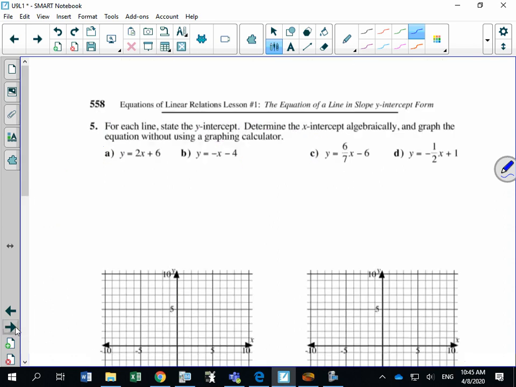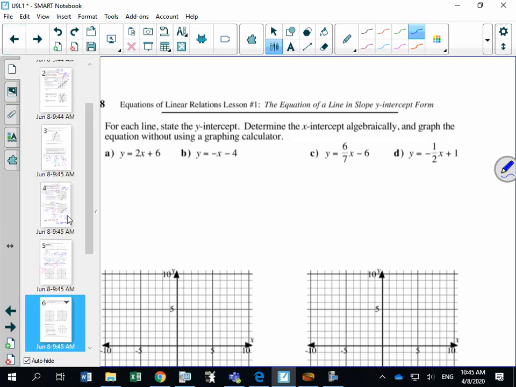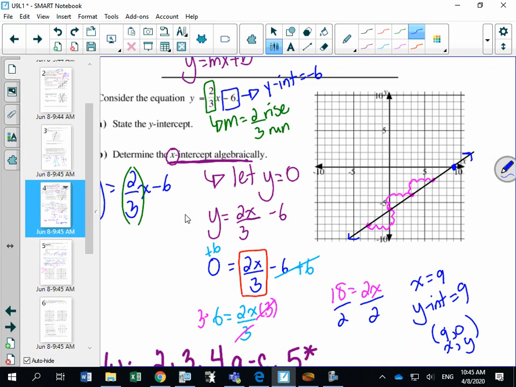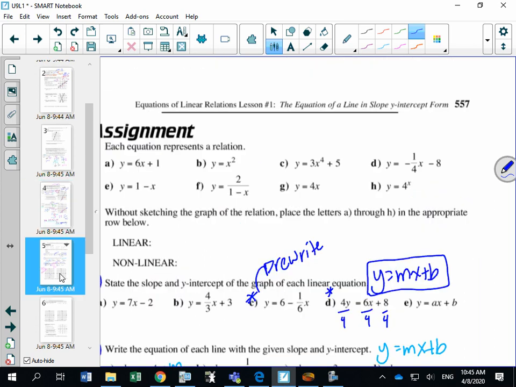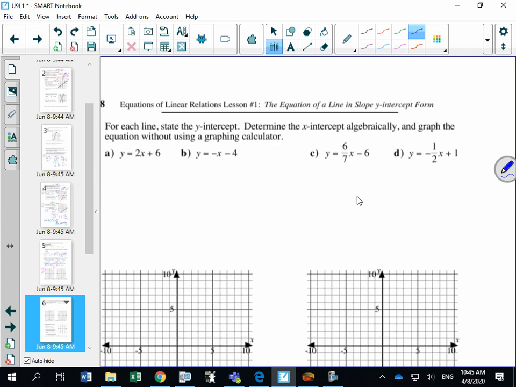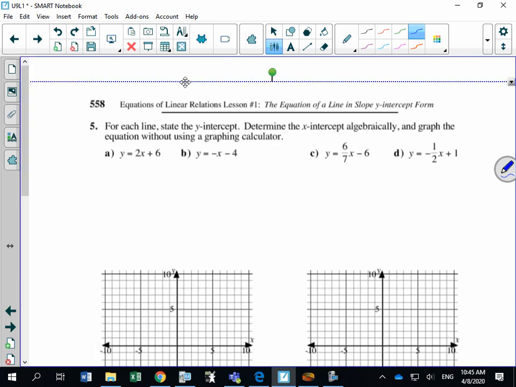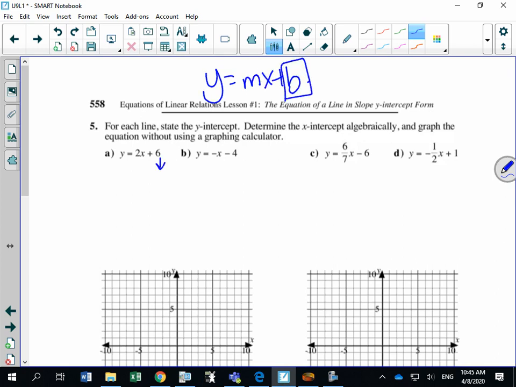Last question I wanted you to do is number 5. And I just want to check, did I assign everything for number 5 or what did I assign? Yep, number 5. Okay, so for number 5, what does it want us to do? For each line, state the y-intercept. So we know that's the b value. b is equal to 6, therefore the y-intercept is equal to 6.